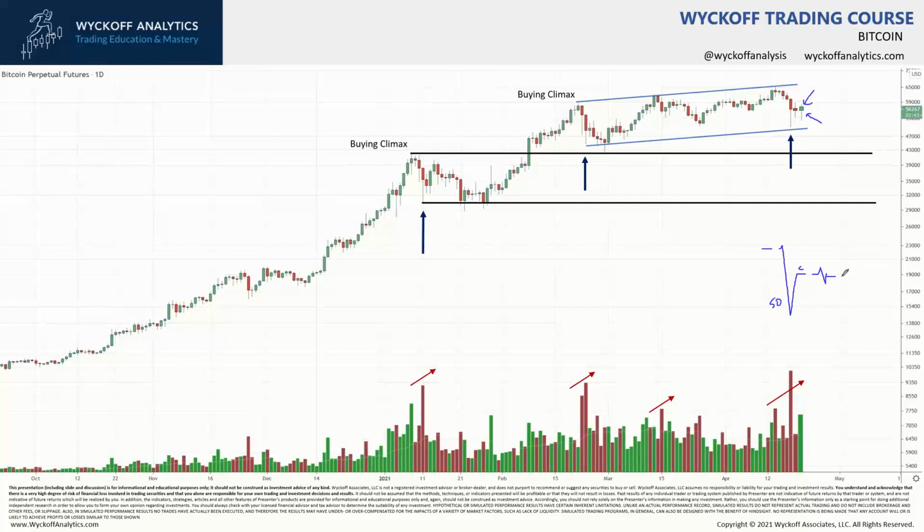Then the next day, we open at the same level, try to go down, go below the low of the previous day, and then recover up and close higher than the previous close. So we have an attempt to go down, failure to follow through to the downside, and then we're closing positively. So the close is positive, and that's what I think Steve is describing.